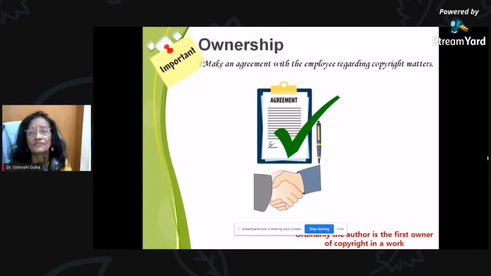The ownership is that of the institute. Hence, it's very important to make an agreement with the employee regarding copyright matters, especially where artistic work is there, musical work is there, and write-ups, written material, are there. Am I okay? I'll go ahead.